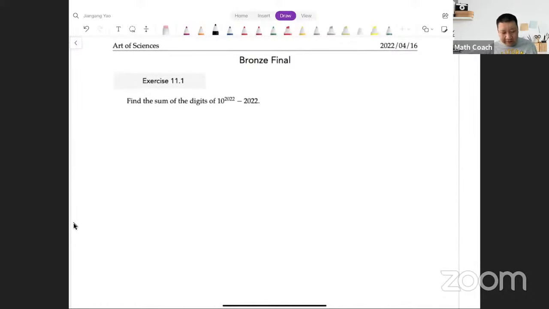Find the sum of the digits of the number 10 to the power of 2022, minus 2022. Okay, 88, go ahead.